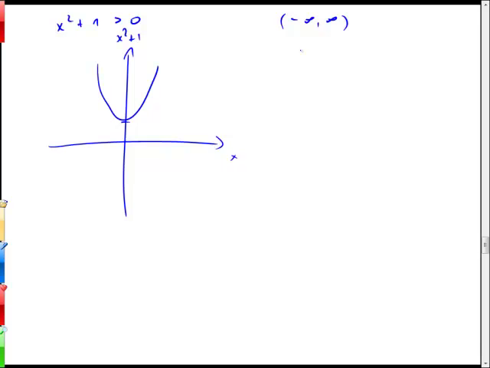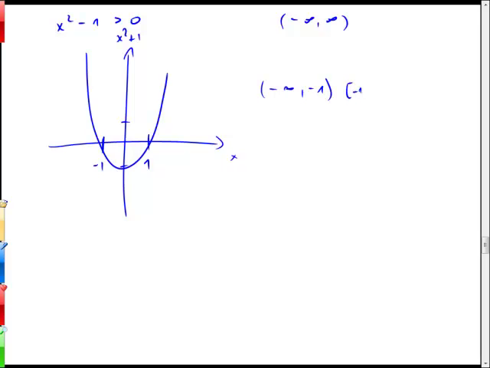Now let us take another one. I just take x squared minus 1. Now this polynomial has 2 zeros. So if I take minus 1 and plus 1 as zeros, then what I have to check is the interval from minus infinity to minus 1, then the point minus 1, then the open interval from minus 1 to 1, then the point 1, and the open interval from 1 to infinity.